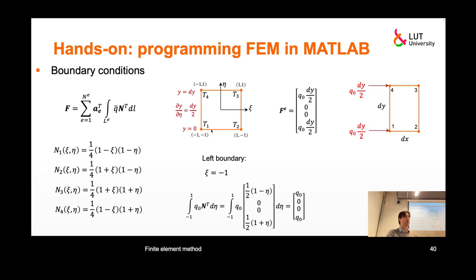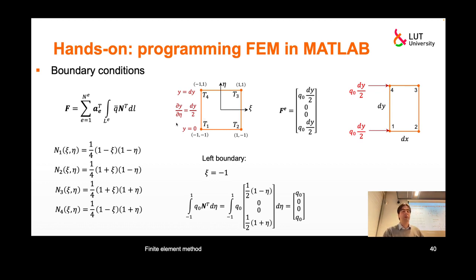In global coordinates, it changes a little bit, because even if it's still vertical in our global coordinates, we still need to introduce some correcting factor because of the scale. Because in local coordinates, length of the side is always 2. In global coordinates, it's something else. It's dy in our global coordinates.